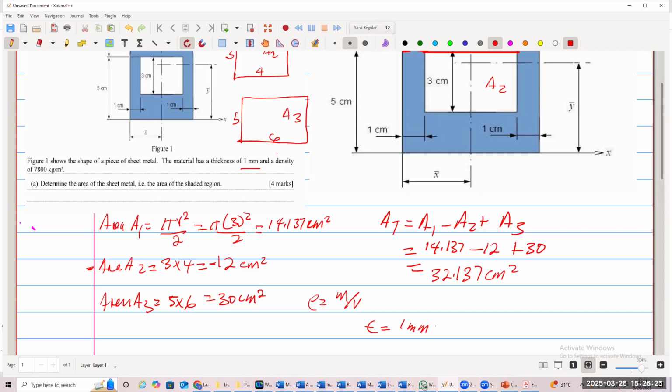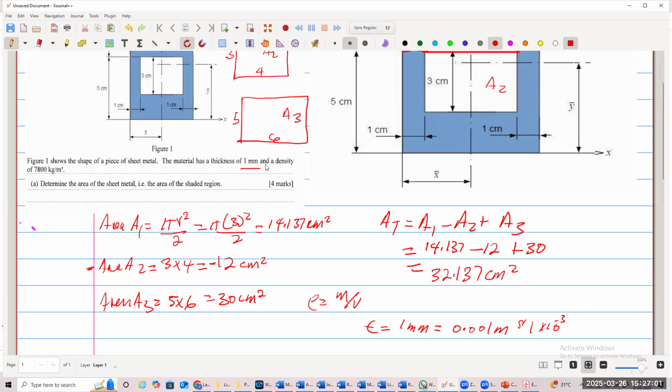How much is that in meters? 1 times 10 to the negative 3 meters. I'm supposed to have three places, so it's 1 times 10 to the minus 3.